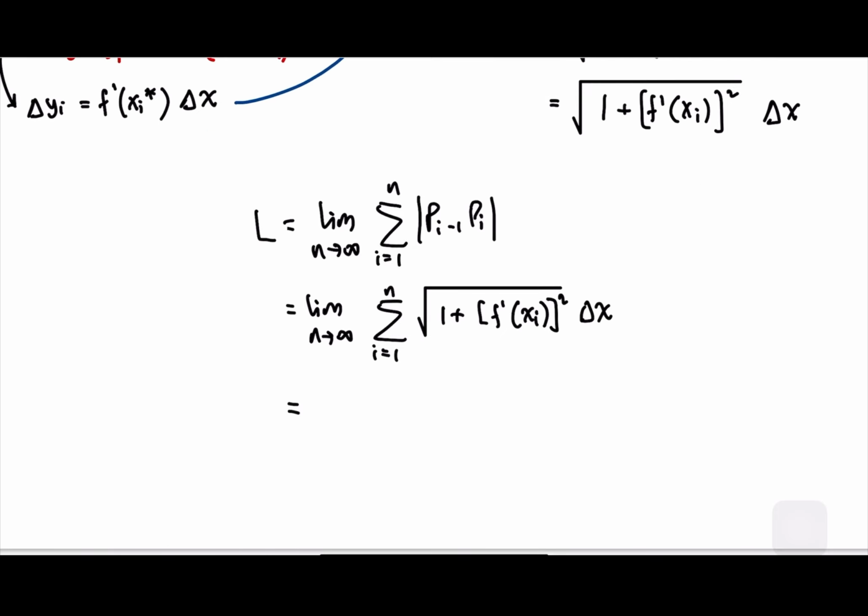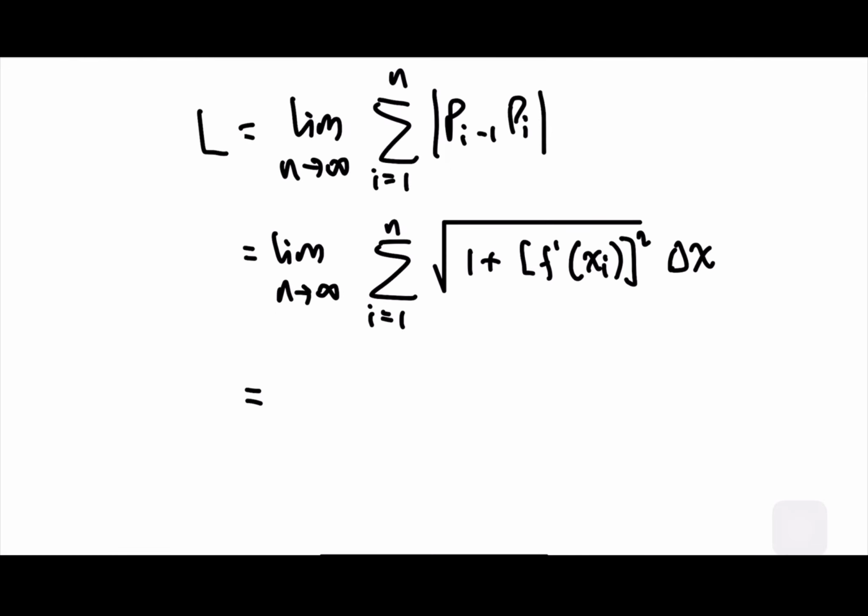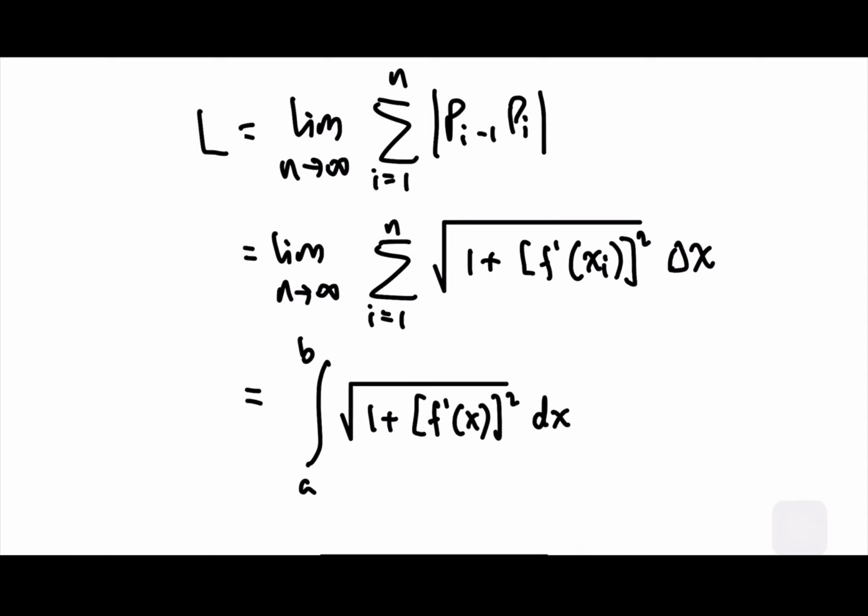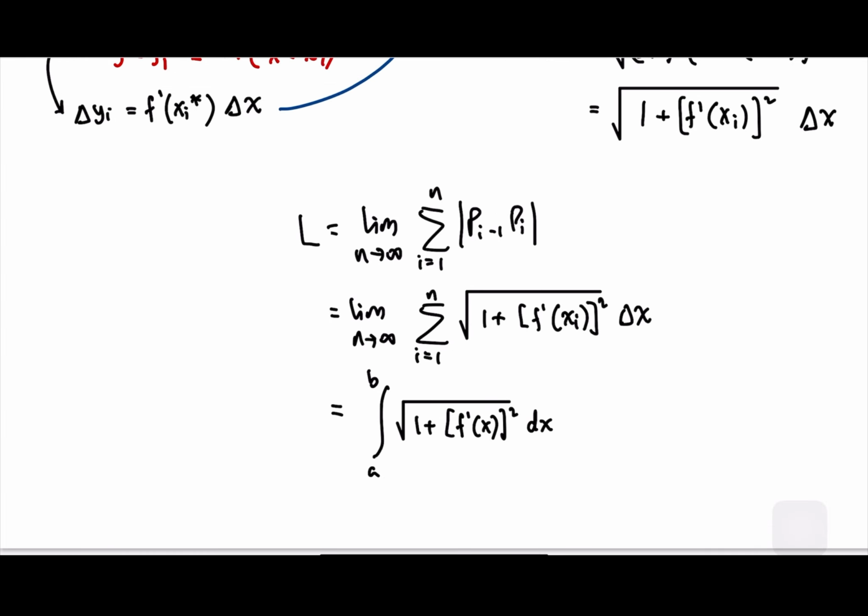In our definition of the limit and the sum, we get the integral from a to b of the square root of 1 plus f prime of x squared dx. And this is the first theory of the arc length, where L is the arc length.